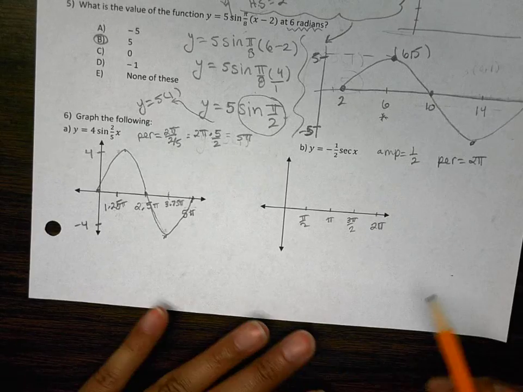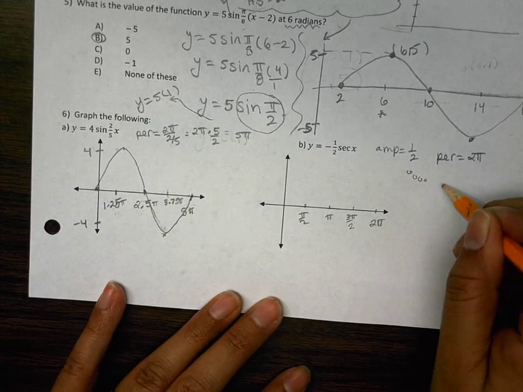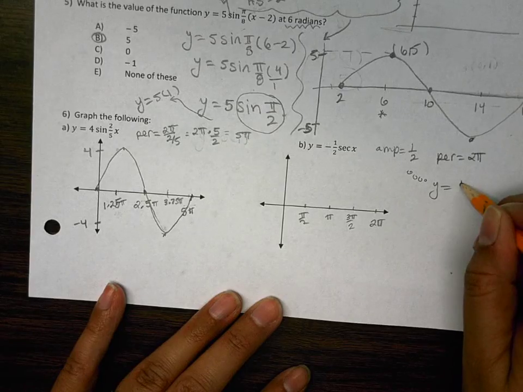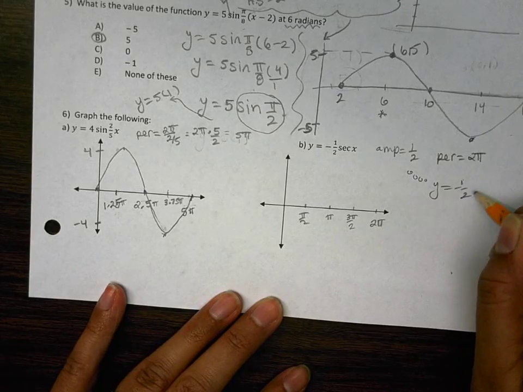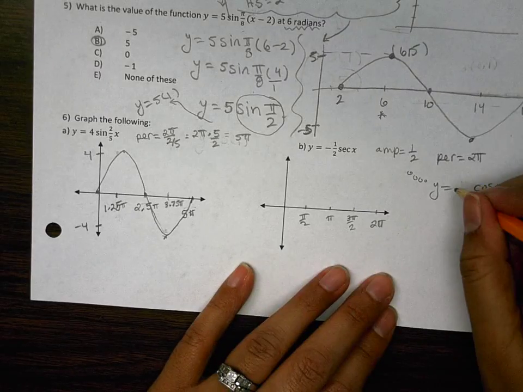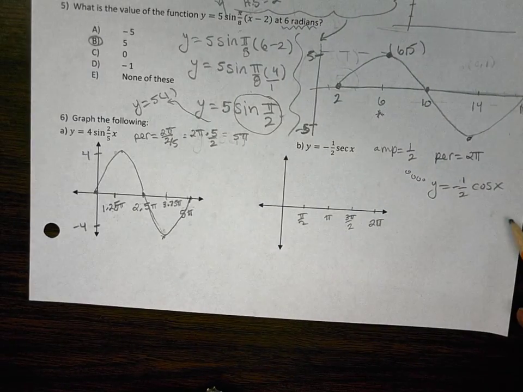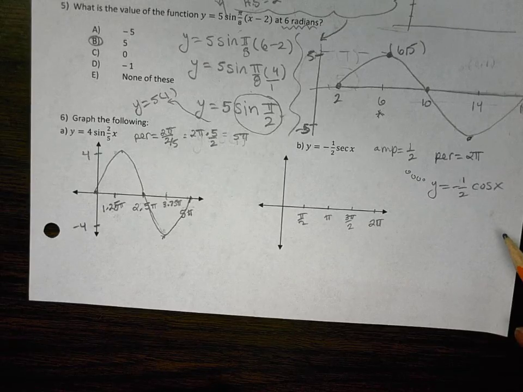And it says secant, but what graph do we think of in our head? Y equals negative 1/2 cosine x. Cup shape or snake shape? The cup shape does not start at 0, correct? It starts at a max or a min. Because it's negative, where would it start? Min.